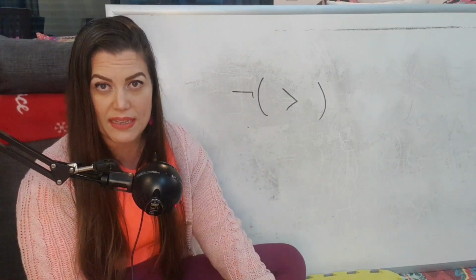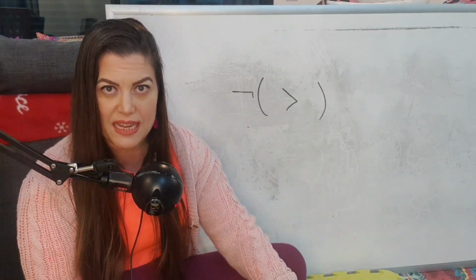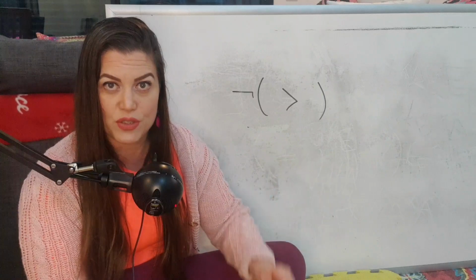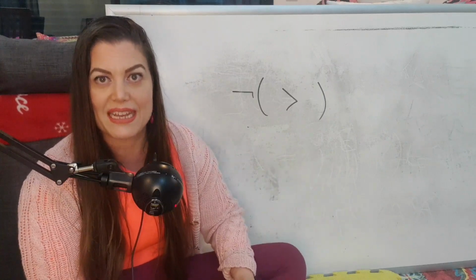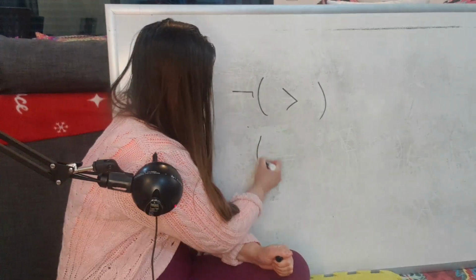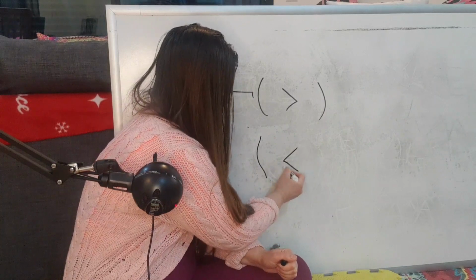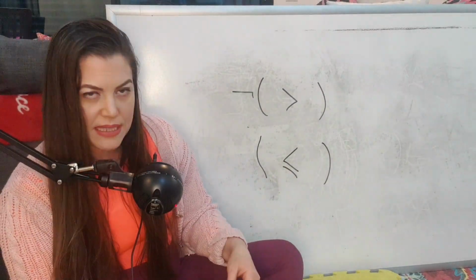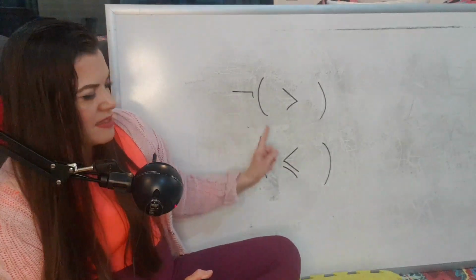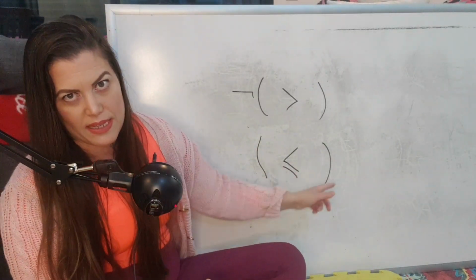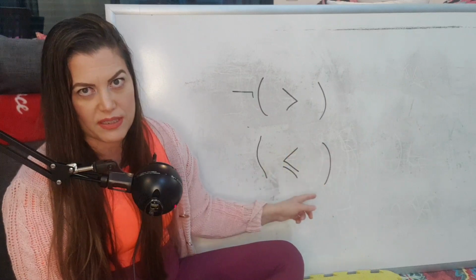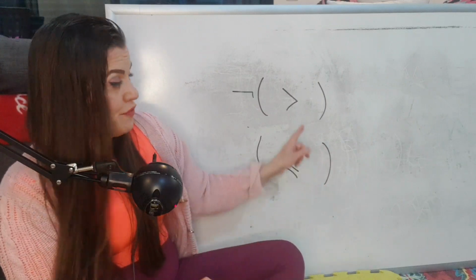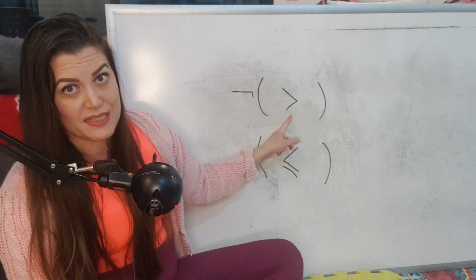So there is a way I can eliminate the negation sign and write this sentence in a different way with no negation sign. And here is how I do it. So please notice, I eliminated the negation sign. It is no longer here in the way that I wrote it here. But please notice, I flipped the direction of this symbol.